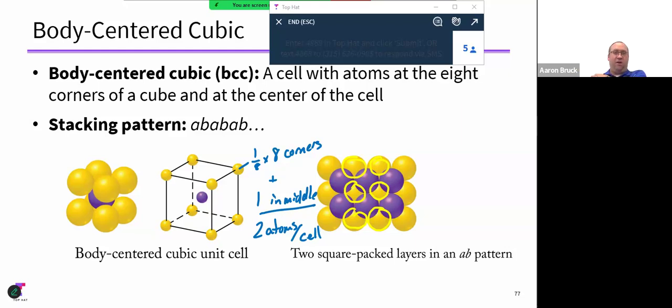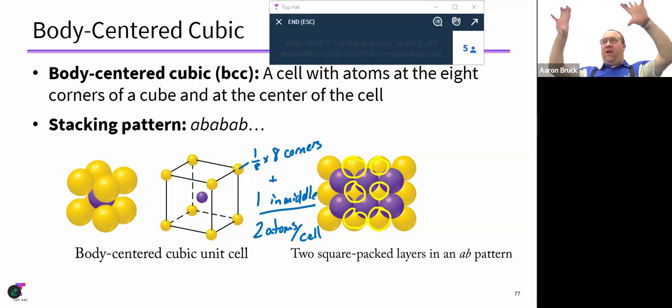Put those together, and we get 2 atoms per unit cell in this pattern because we've got the 8 corners, so 8 corners times an eighth, that's 1 atom. And then we've got the atom that's trapped in the middle of that box, so a total of 2 atoms per cell.